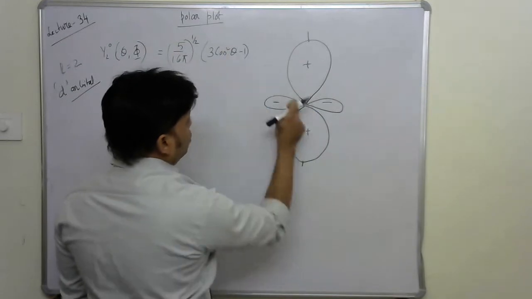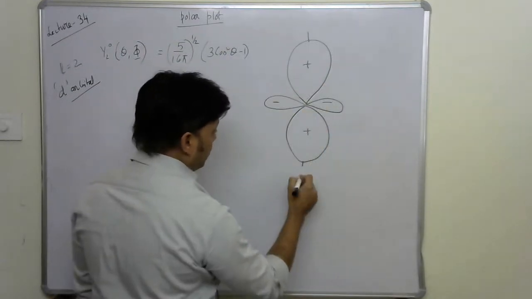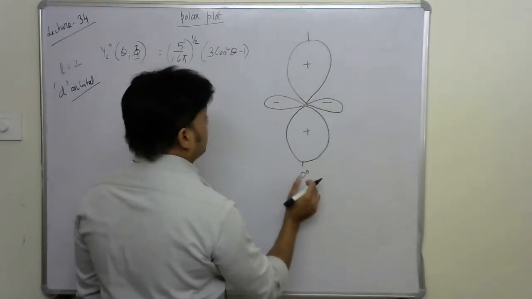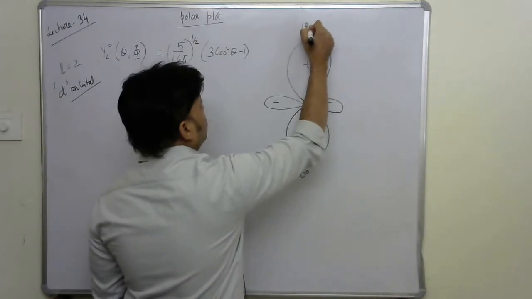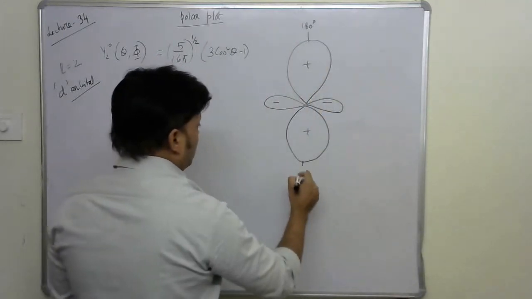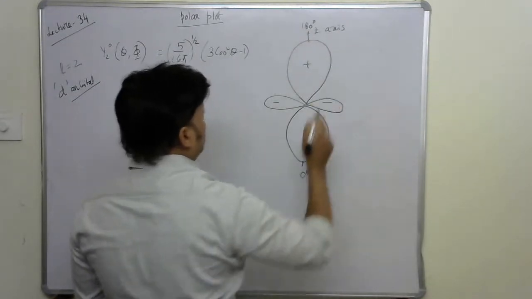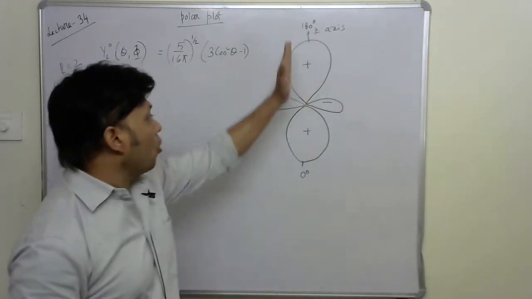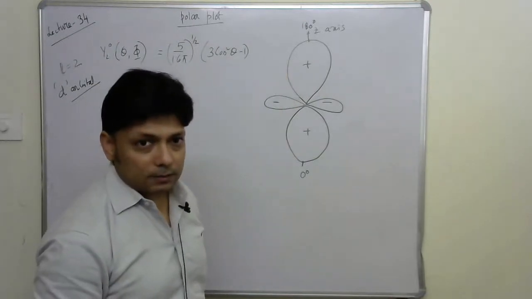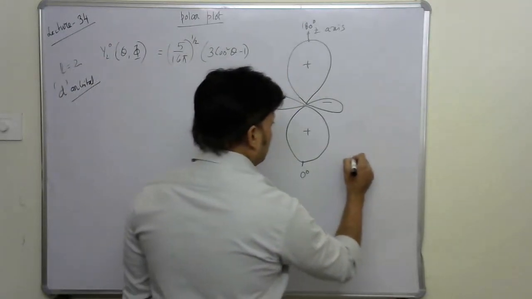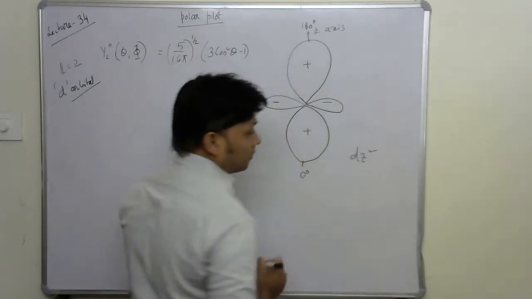So that means there are two nodal planes lying along this direction, and we can tell theta is equal to 0 degree here, theta is equal to 180 degree here, and this is nothing but the z axis. So again, no doubt the orbital lying along the z axis, and therefore it represents the dz square orbital.